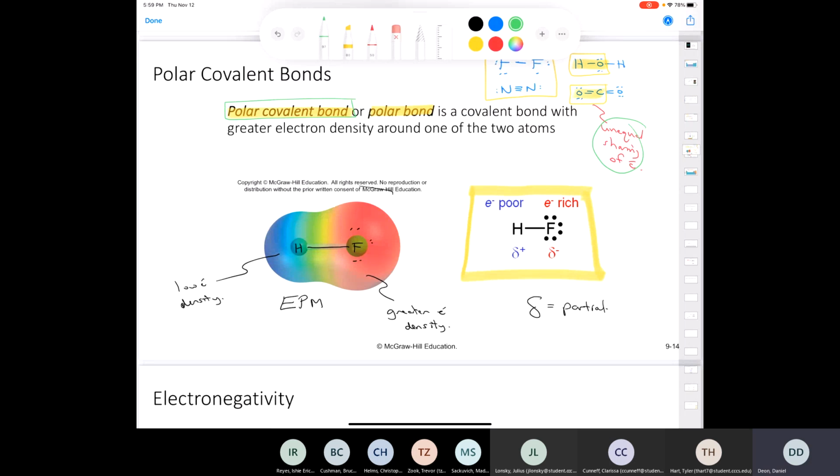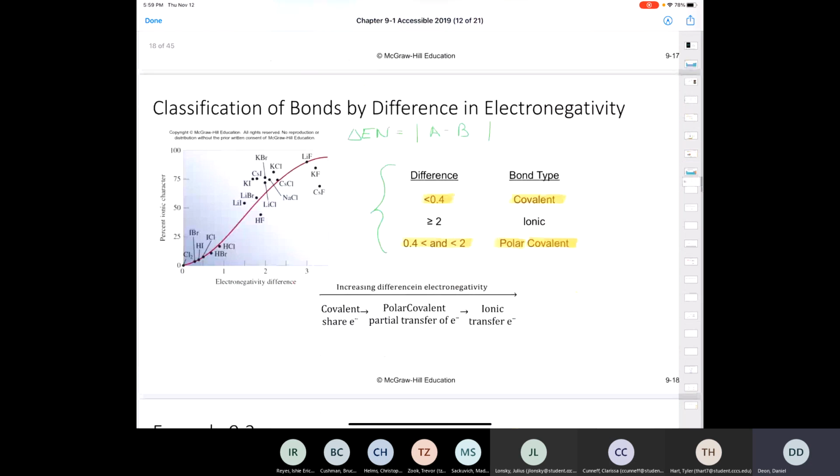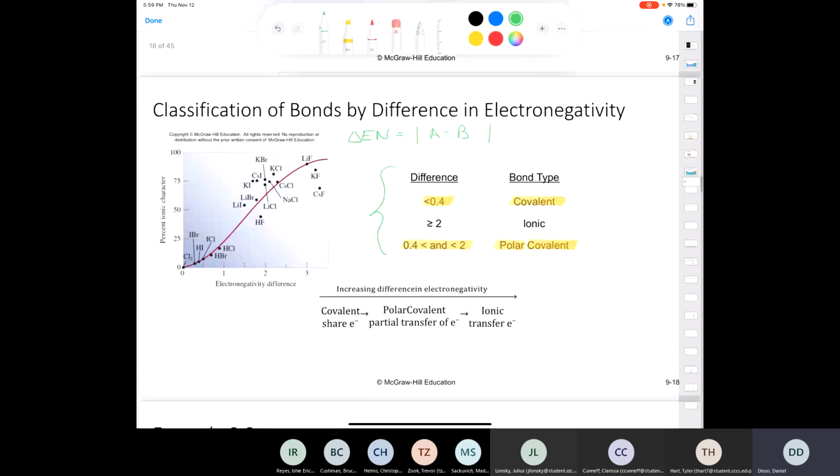It's when we have a bond between two elements of differing electronegativities. So if the difference in electronegativities falls in that magic area between 0.4 and 2, the bond isn't purely covalent and it's not ionic. It's polar covalent. The electrons are being shared, but they're being shared unequally.